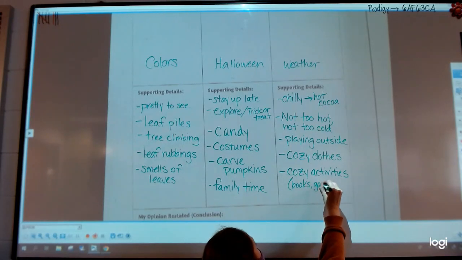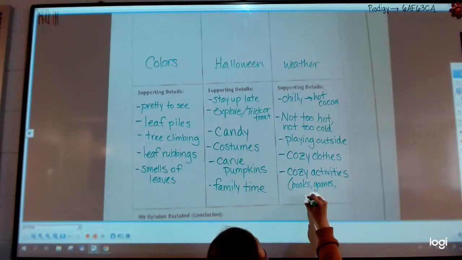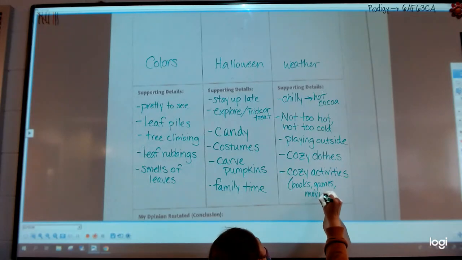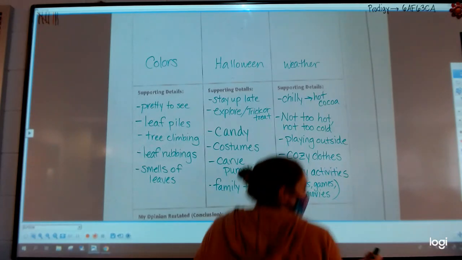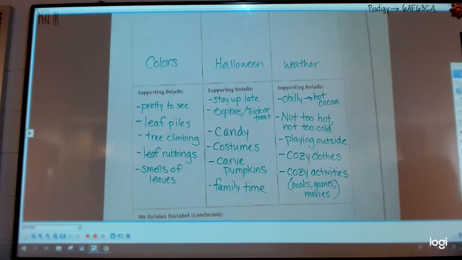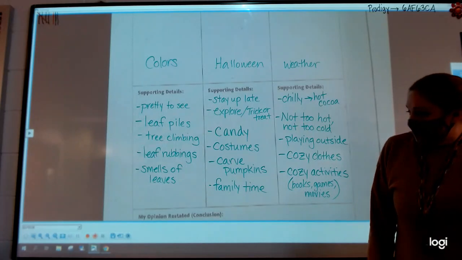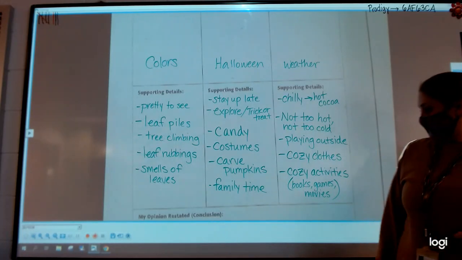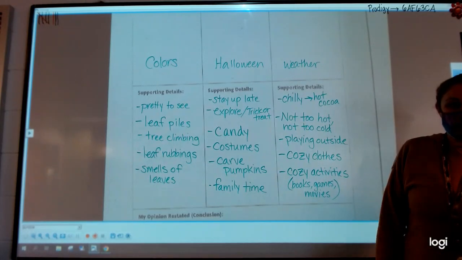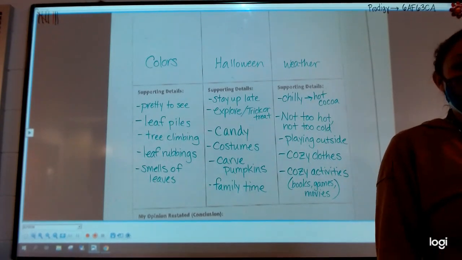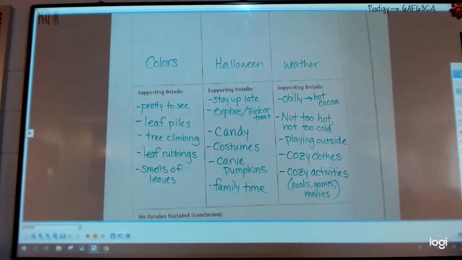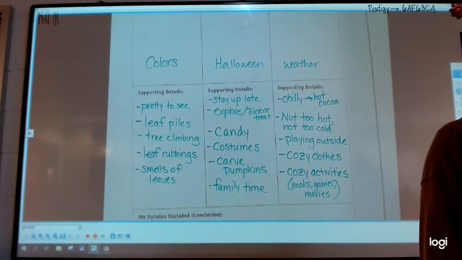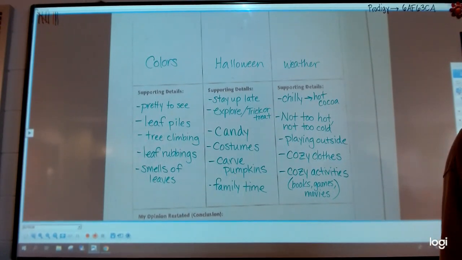If you're out of space, that's okay. All right, I think we have enough to be able to convince someone that the weather of fall makes for a pretty nice season. Cozy clothes, cozy activities.